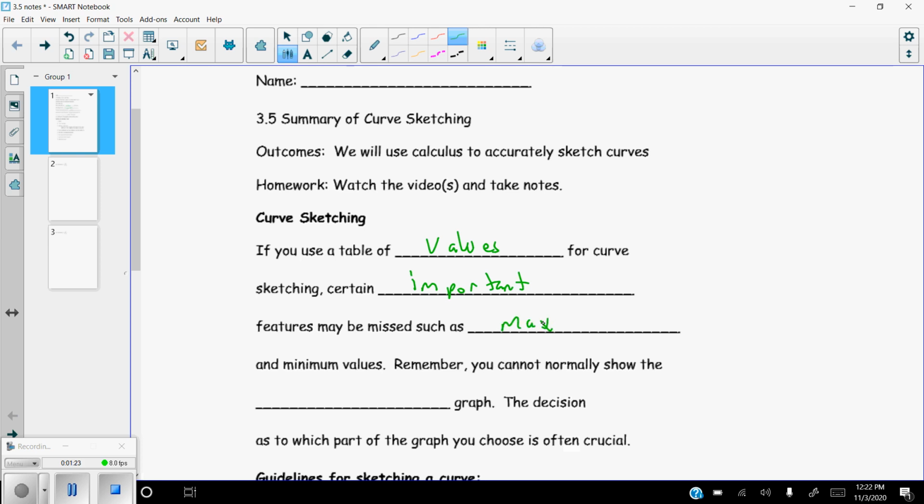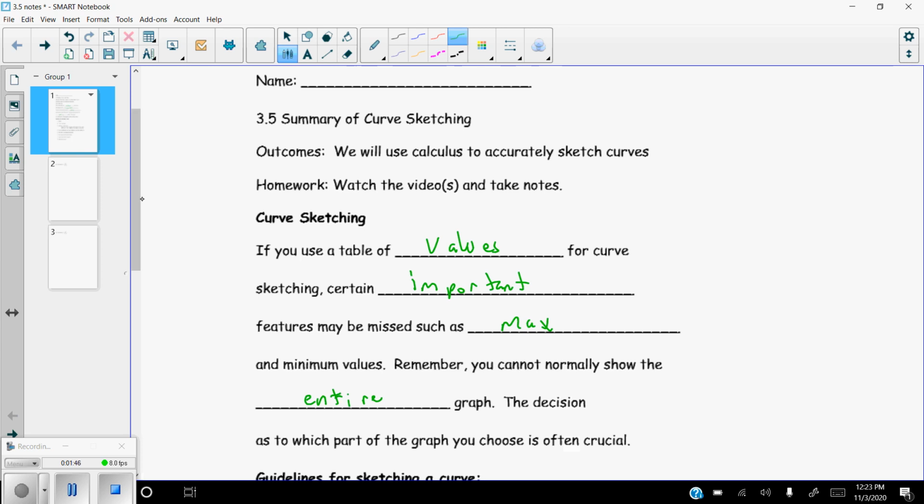Maybe the maximum lies when x is 1.25, but you're only doing x is 1, 2, 3, and 4 on your table of values. So you might miss that. Remember, you cannot normally show the entire graph. We usually only show the part that's important. The decision as to which part of the graph you choose is often crucial.